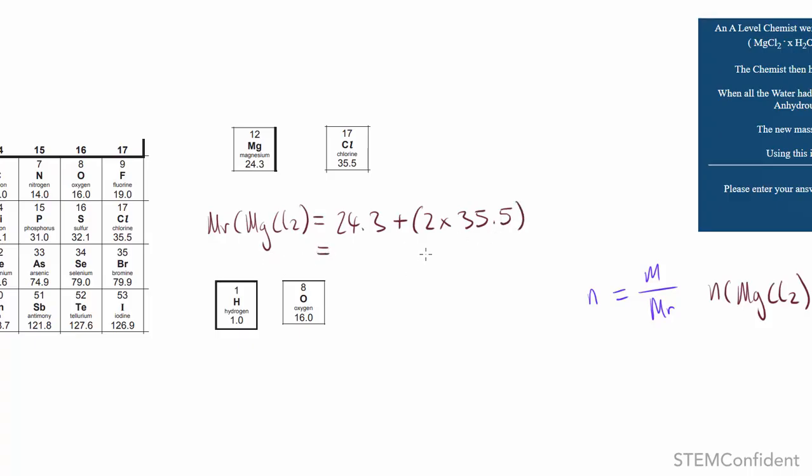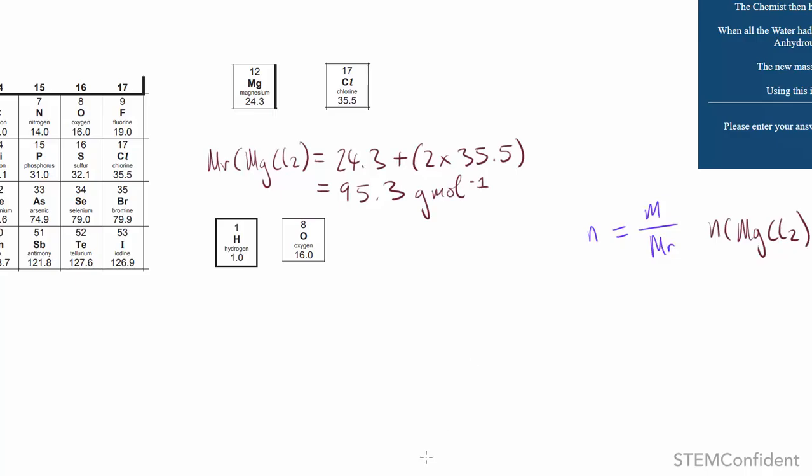And that's going to be 95.3, right? And that's going to be in grams per mole, right?